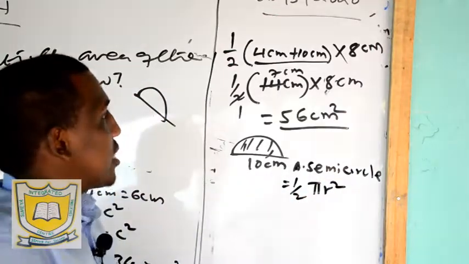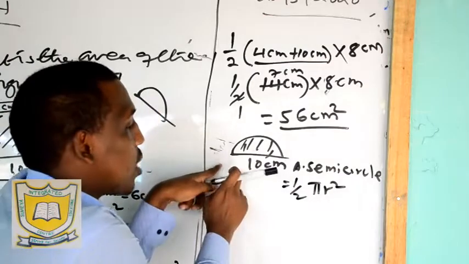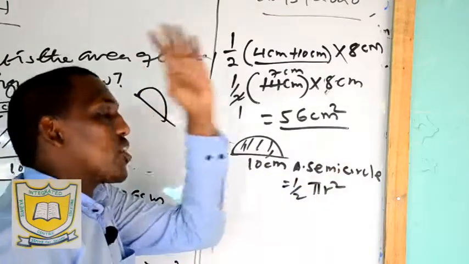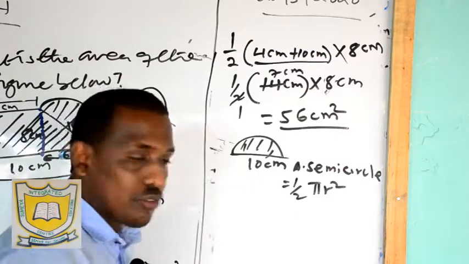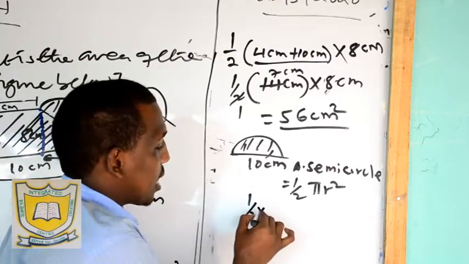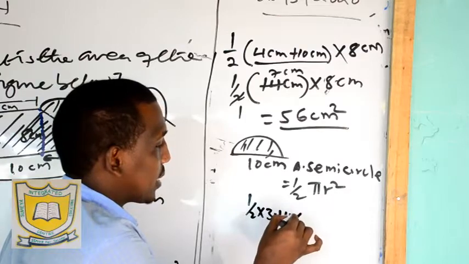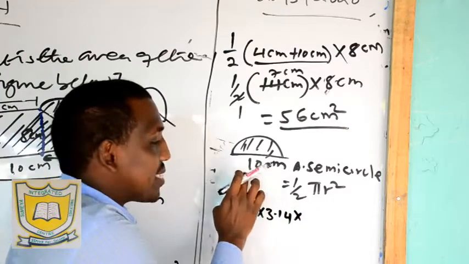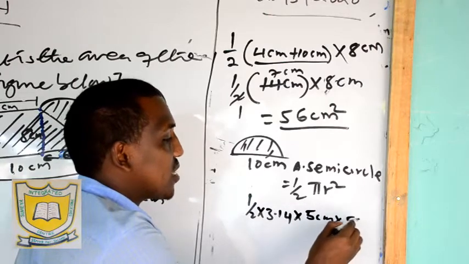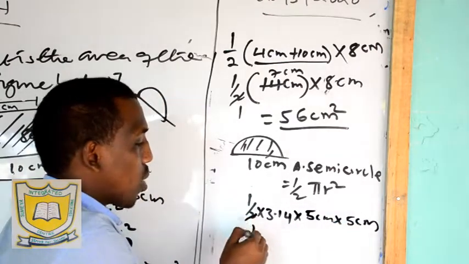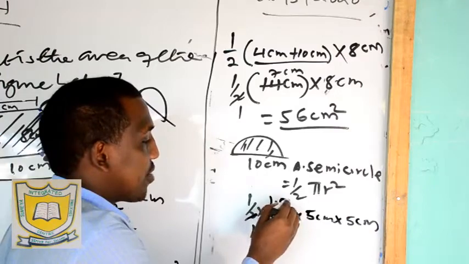When it is full, we said pi r squared, but now it is half pi r squared. We have to use 3.14. So we say a half times 3.14 times, diameter is 10, so radius will be 5 centimeter times 5 centimeter. By 2, 1, by 2, 1.57.